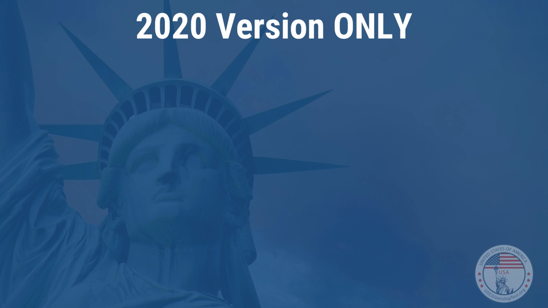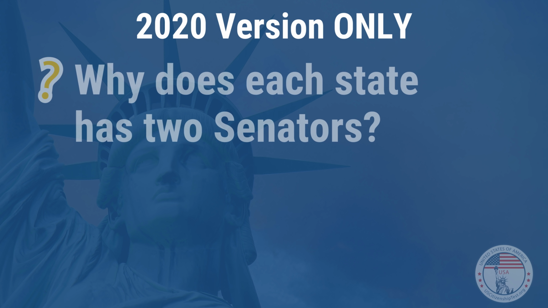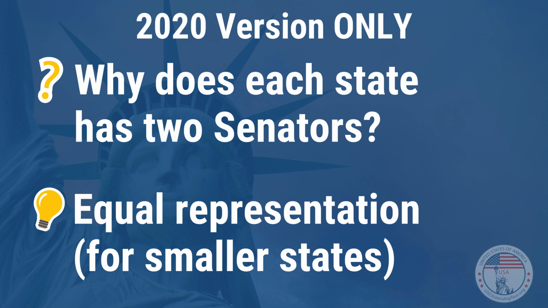USCIS has added a lot of questions about the presidency, Congress, Supreme Court, and the Founding Fathers. For example, why does each state have 2 senators? The answer is equal representation for smaller states. Or here's another one.